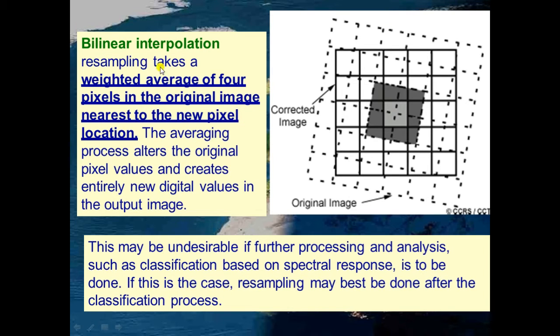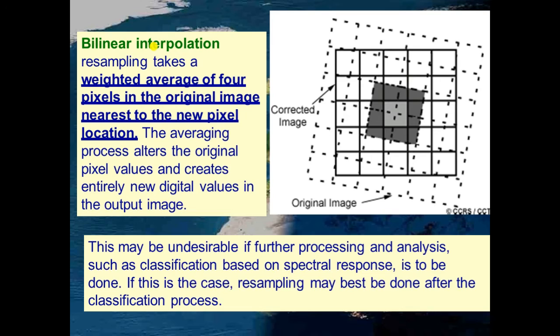Next is bilinear interpolation. In this type of resampling, a weighted average of the 4 pixels in the original image nearest to the new pixel location is calculated, so the accuracy becomes higher.